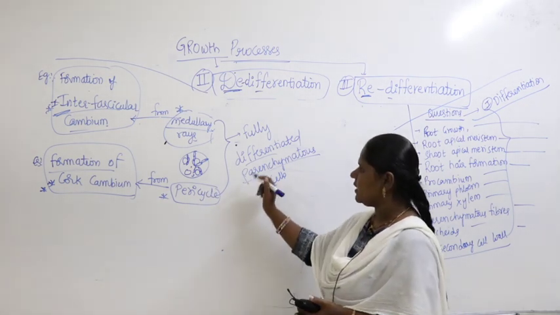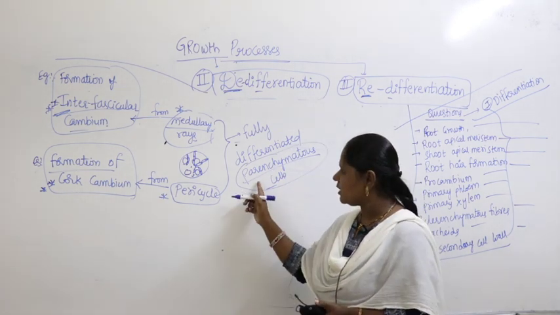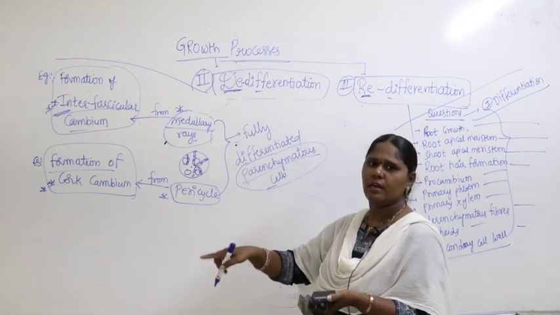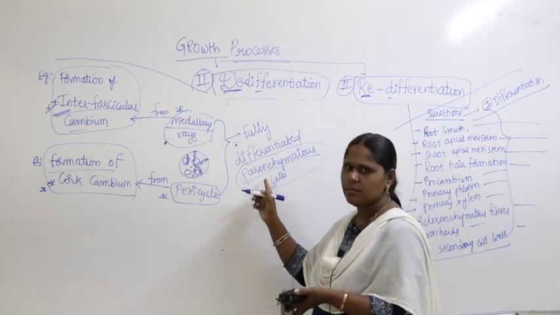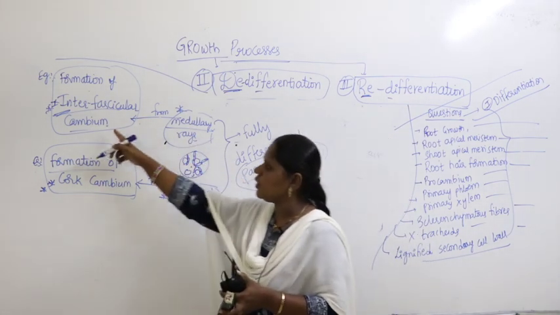Once the differentiation is done, they become mature or permanent cells. But once again they become meristematic, undergo cell division, and the second time they get differentiated.